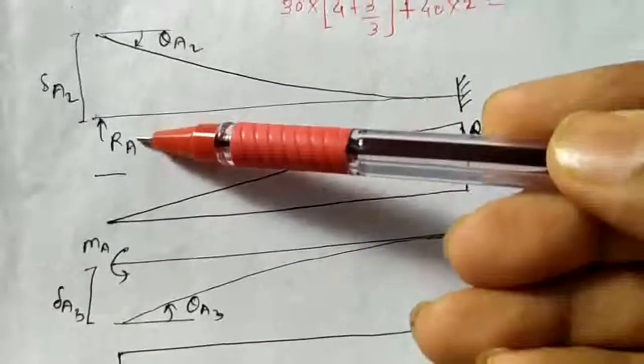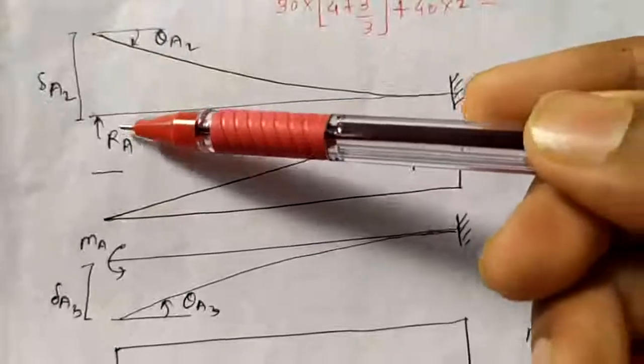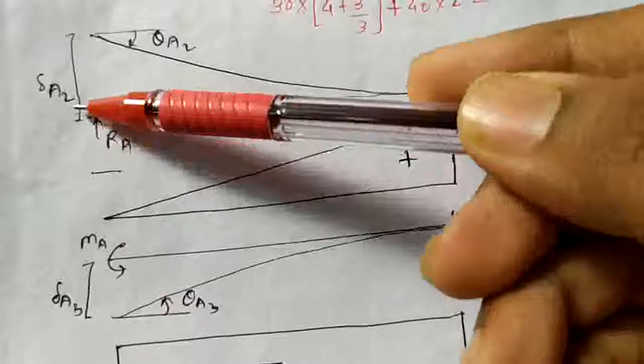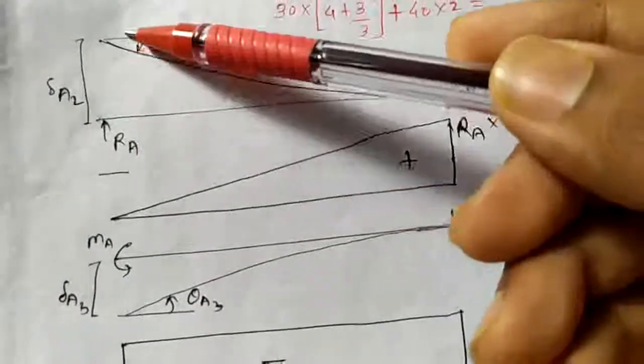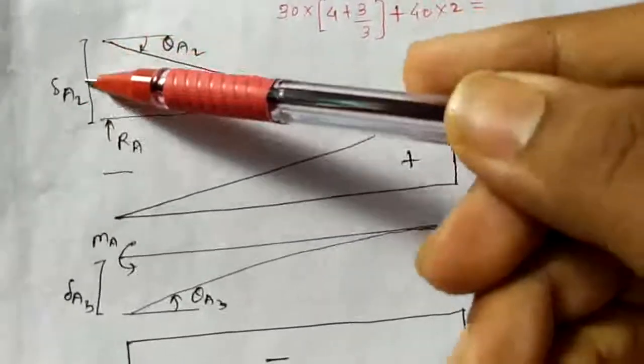Displacement in the direction of the unknown, take it as positive. Because of the application of the unknown, we are getting upward displacement. That's why this upward displacement, the delta, is taken positive.